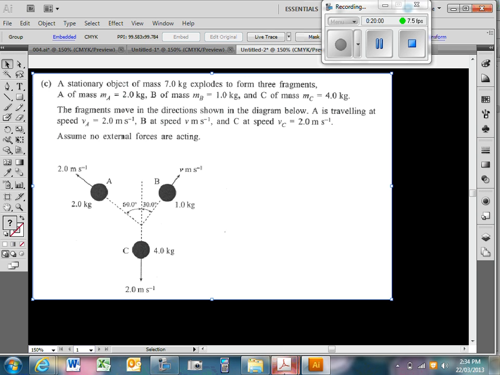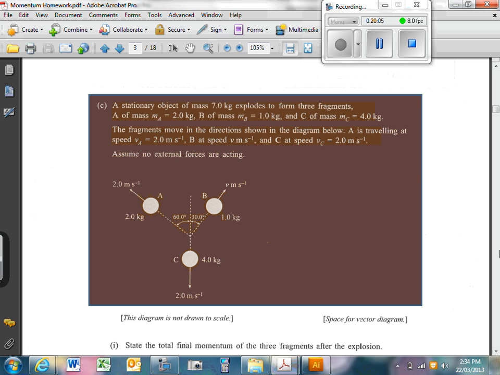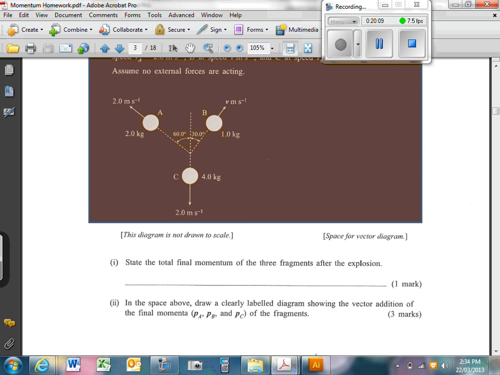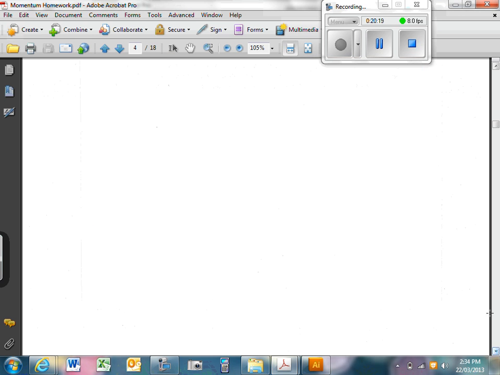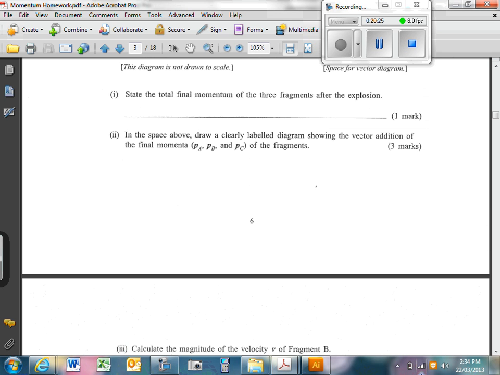The question says, State the total final momentum of the 3 fragments after the explosion. 0. If it was 0 before, it is 0 afterwards. Then, in the space, draw a clearly labeled diagram showing the vector addition of the final momenta, PA, PB, and PC.